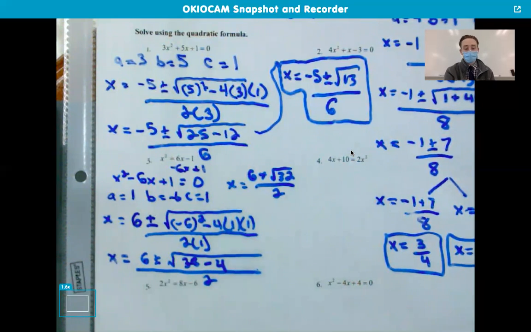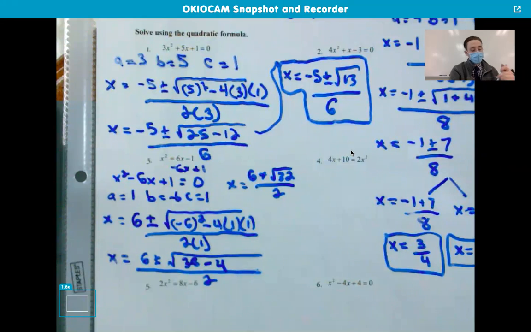Well, how can I break down the square root of 32? Can I break it down where maybe one of my factors is a perfect square? What are some factors of 32? Anybody have any ideas? 16.